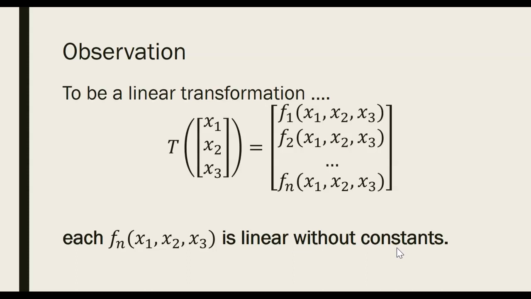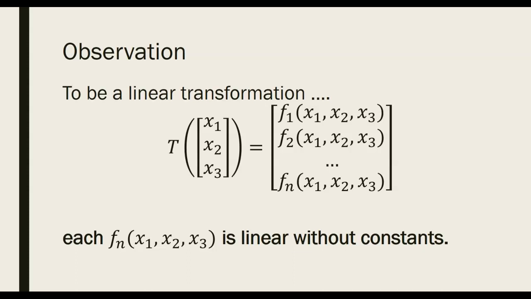So for instance, again, if you did x1 plus x2 plus 5 as one of the entries, that would not be a linear transformation because of the plus 5 part. Hopefully that makes sense.